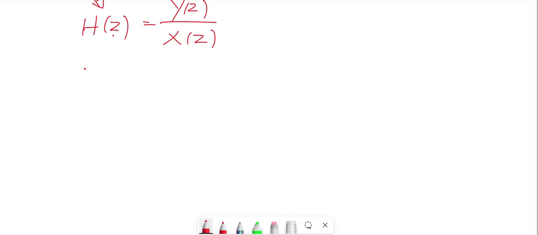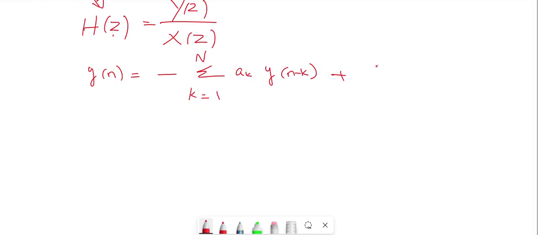Normally, consider the system described by the difference equation y of n is equal to minus summation of k equal to 1 to n a k y of n minus k plus the summation of k equal to 0 to m b k into x of n minus k. Take the Z transform of this equation.